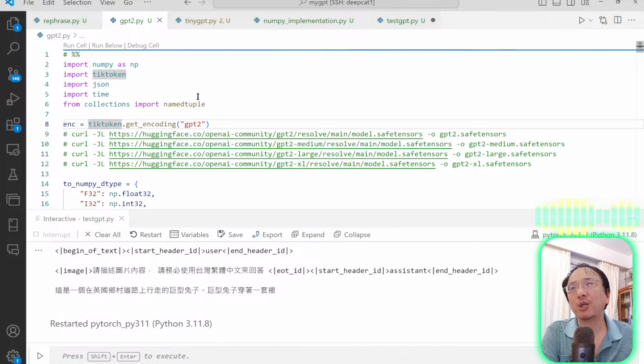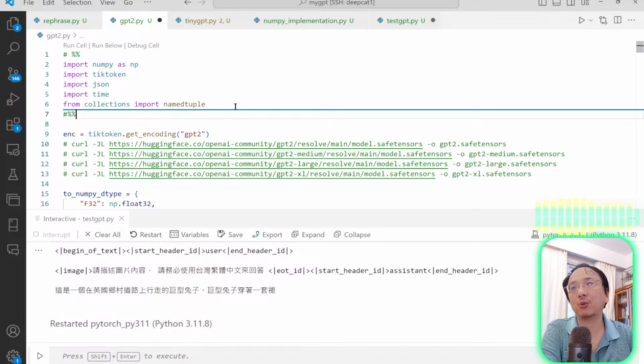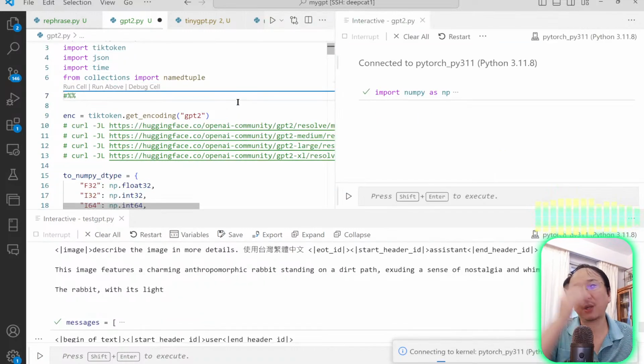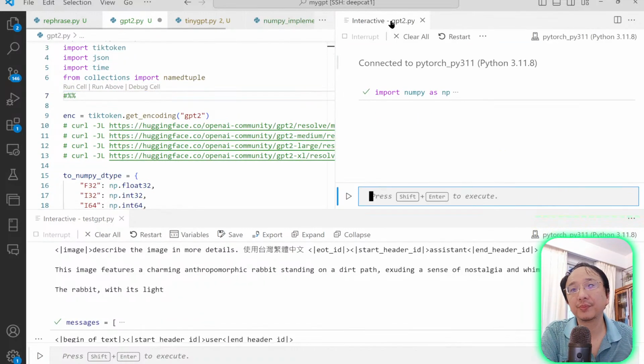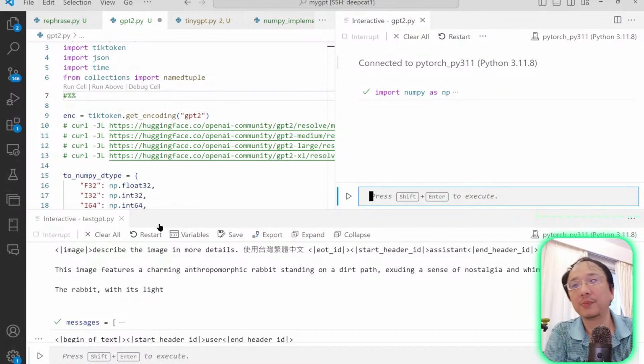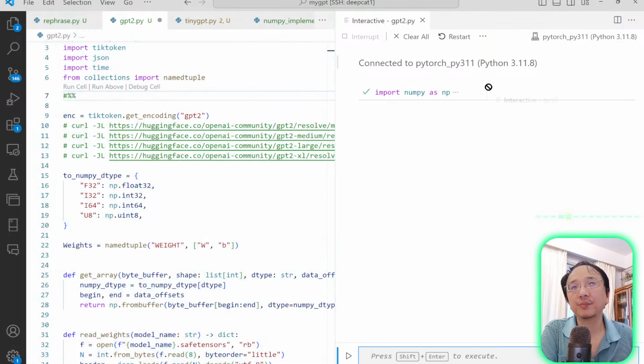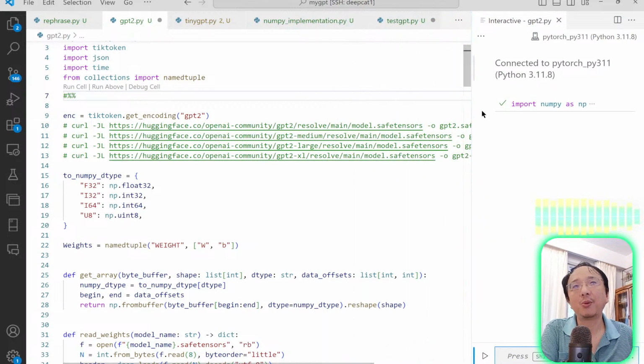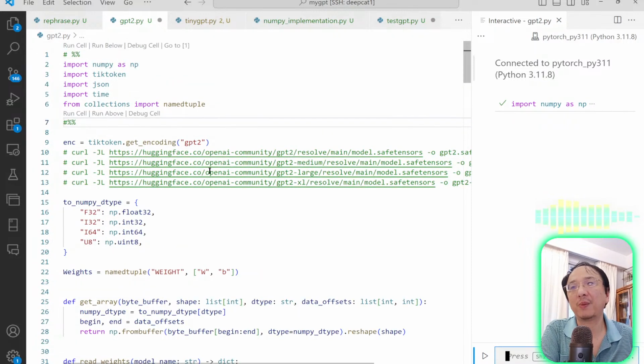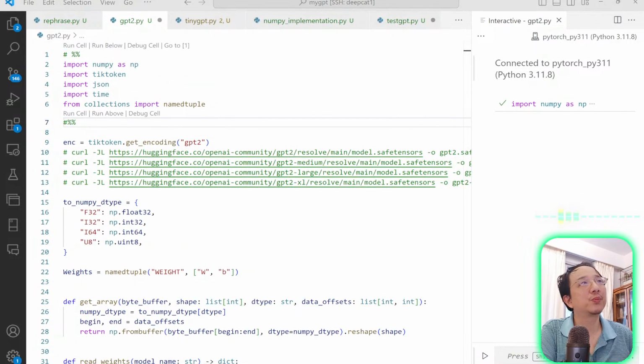I'm using GPT-2, but I'm going to run it line by line and explain it and compare it to the paper. The output is not important for most of the part. The most important is the expression and the relation between this code and the paper.